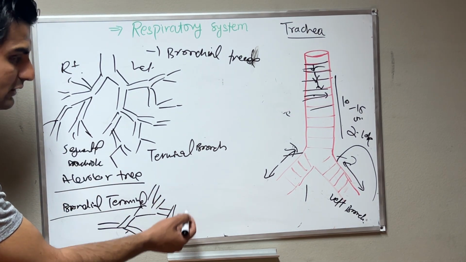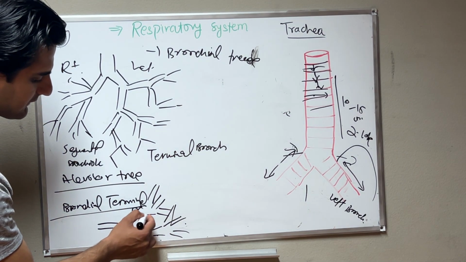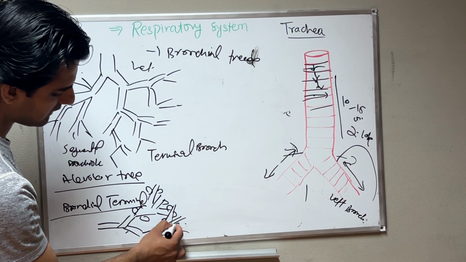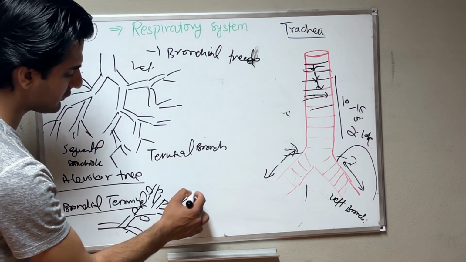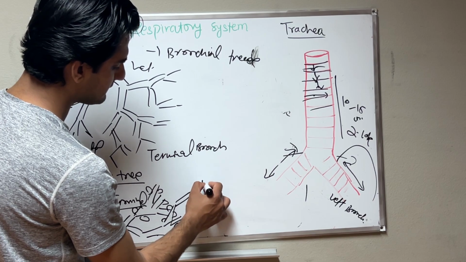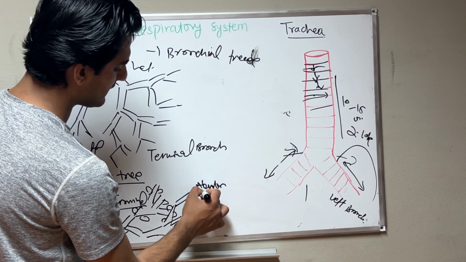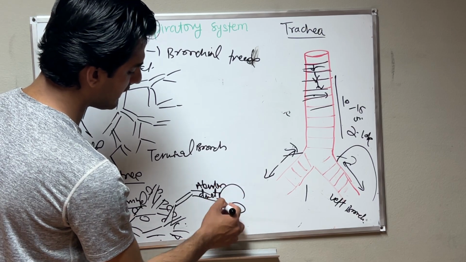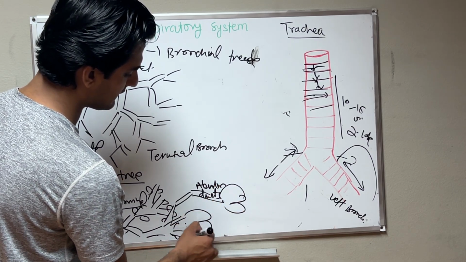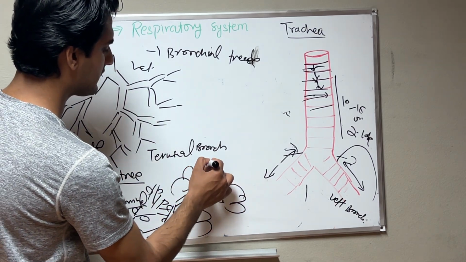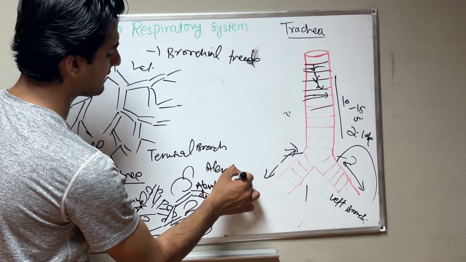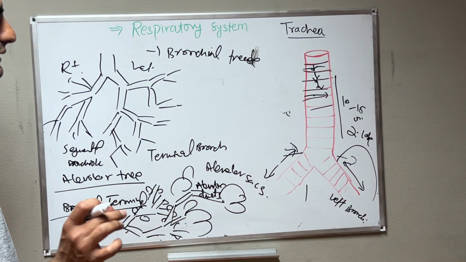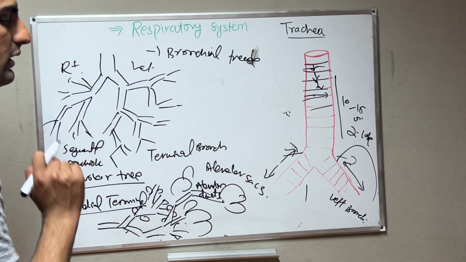I write this as the alveolar tree, and here we have alveoli, which continue into the alveolar ducts, and the alveolar ducts end in the alveolar sacs. This is a little of the concept of the bronchial tree and alveolar tree.